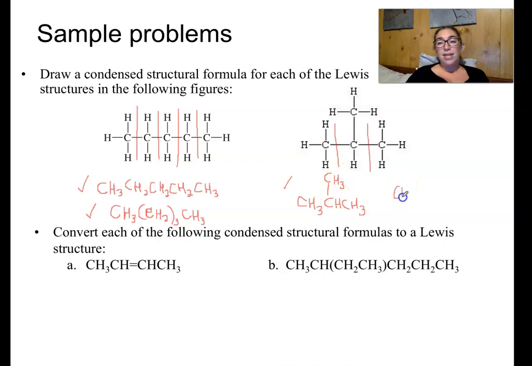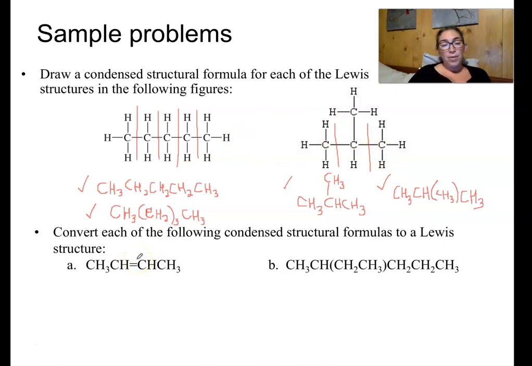So to write CH3, and then CH, and then instead of drawing a branch point, putting in parentheses that CH is also bonded to a CH3 group that's sticking off of it, and then connected to that CH3 at the end. So again, both of these are kosher ways to write the condensed structure of these Lewis formulas.